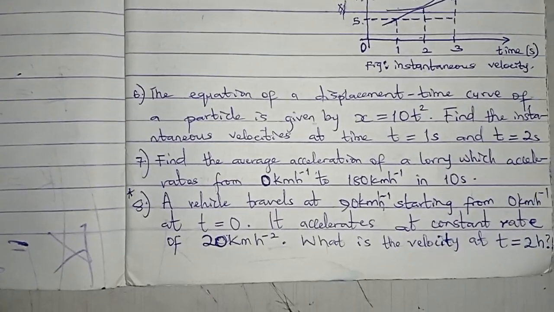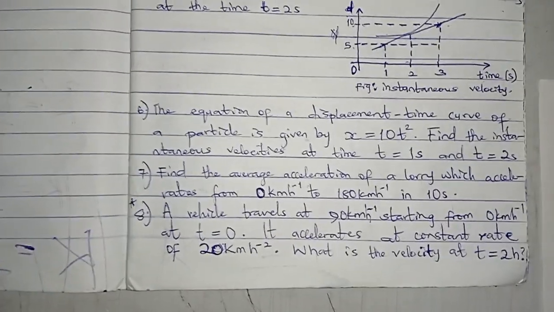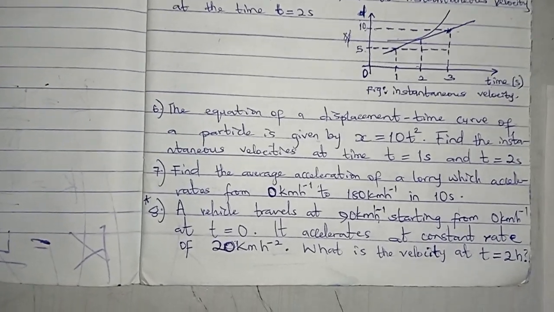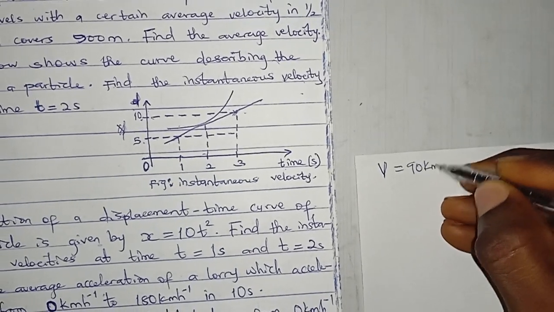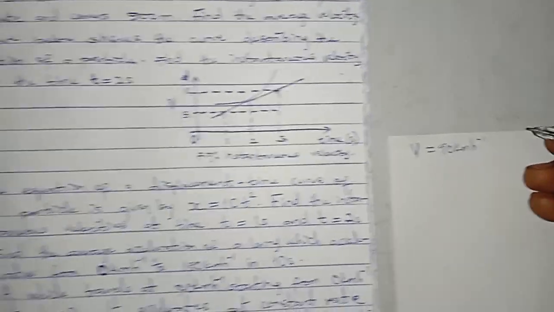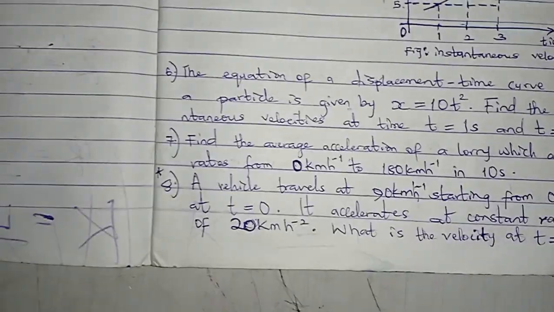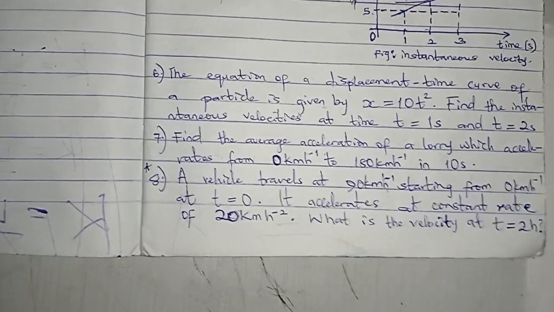Okay, that means let's call that V. Let's say V is equal to 90 kilometers per hour. And notice that U is equal to 0 at time 0, so there's nothing there for us.